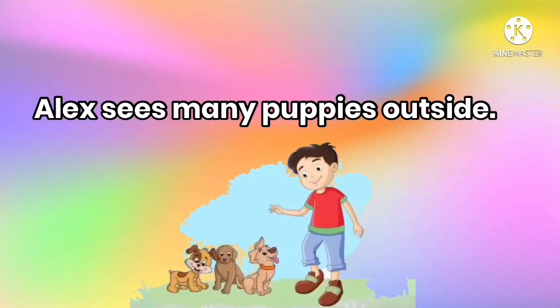Another example, Alex sees many puppies outside. In this example, outside tells us where the action happens. That is, outside describes the action word sees.